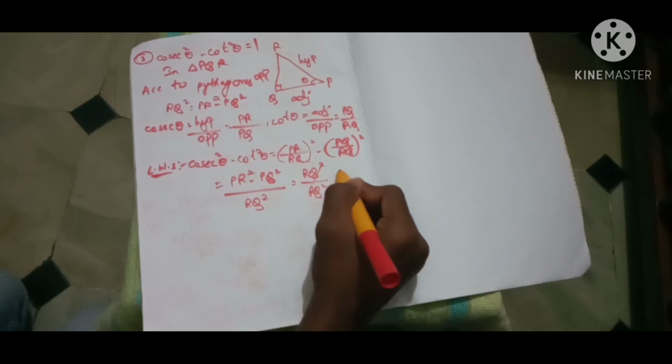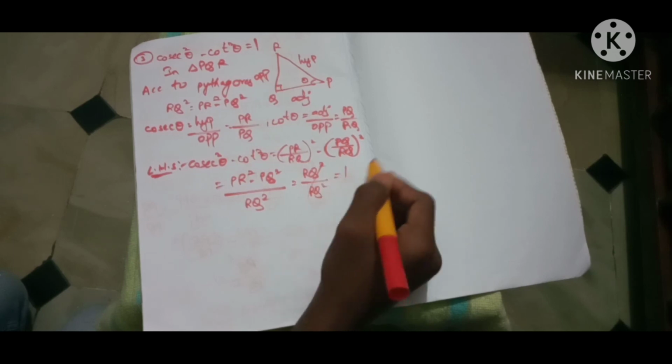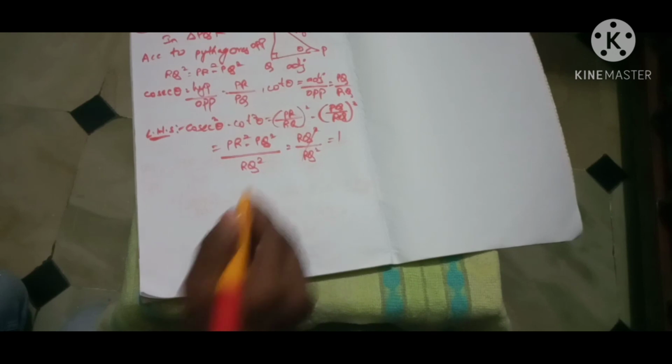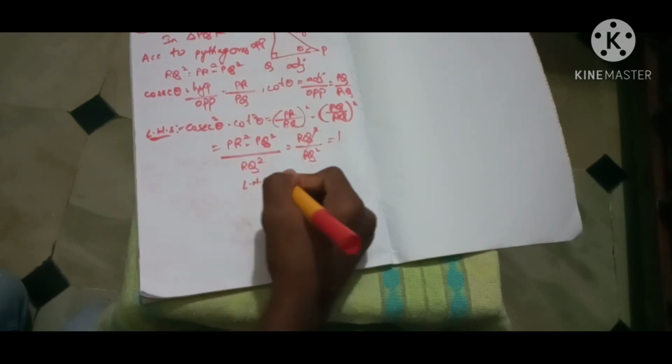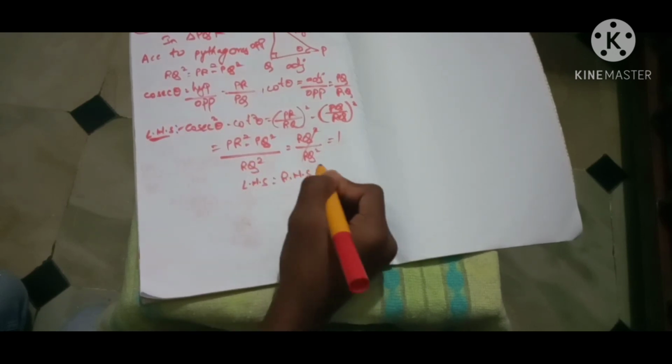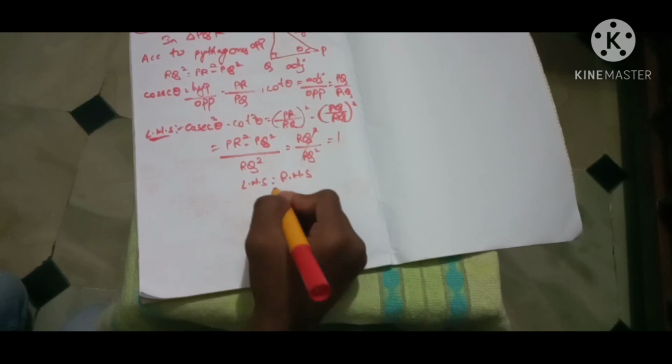Both will be cancelled and the answer will be 1. And this is also proved, LHS is equal to RHS, meaning the left hand side is equal to the right hand side.